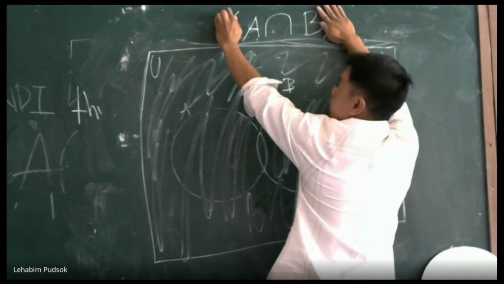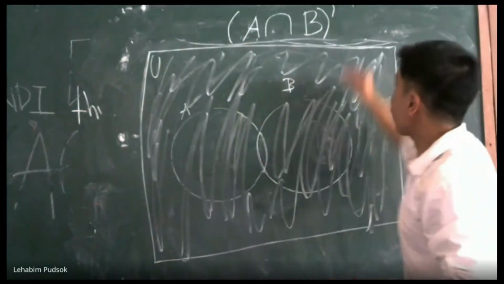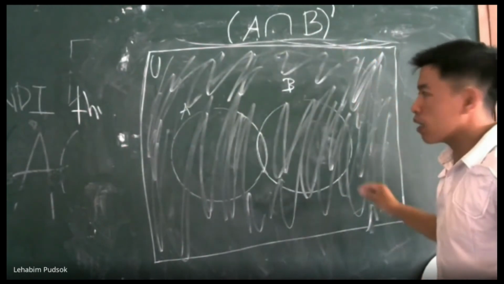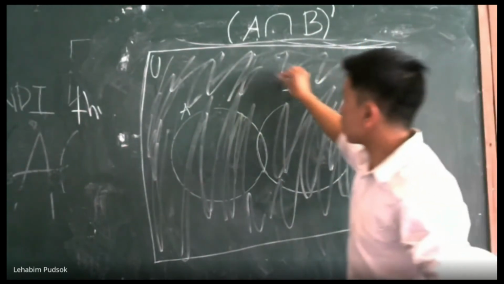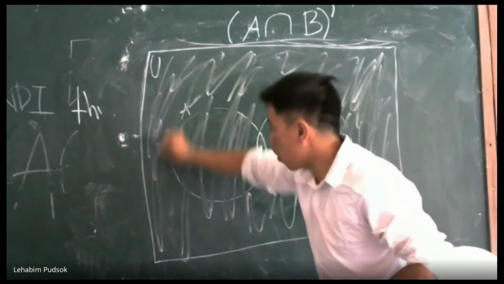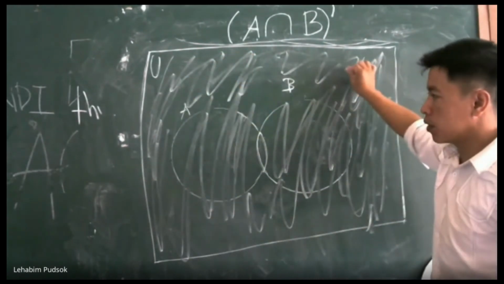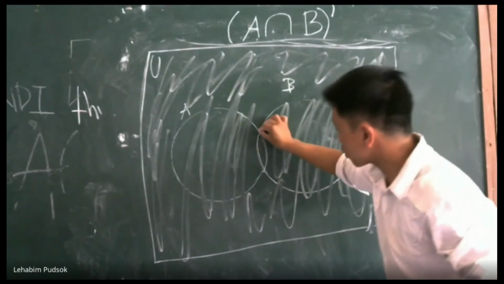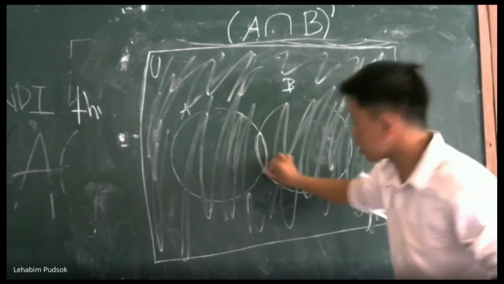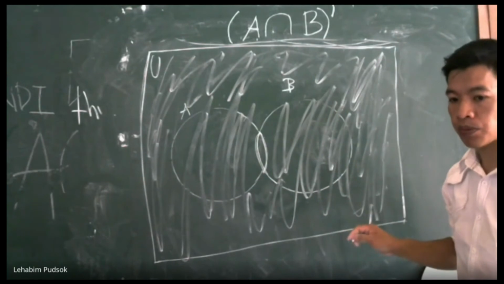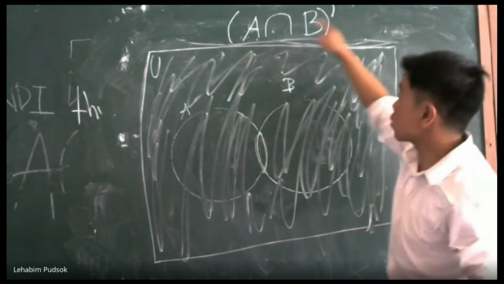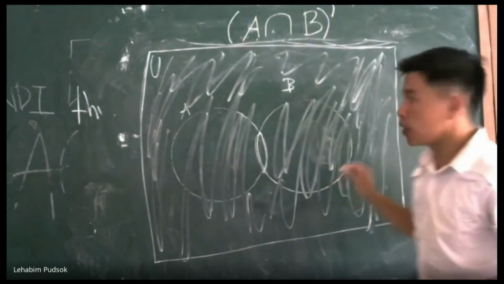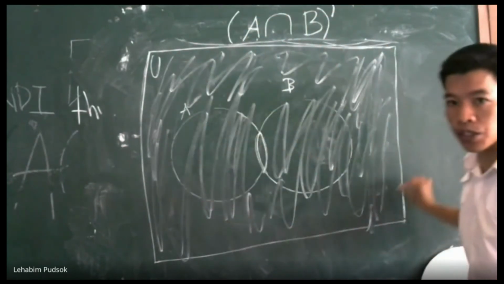The sets are intersecting. But if I put the complement symbol, you shade all the parts of the universal set and set B, but do not shade the intersection part. If you can see this one, A intersects B complement, this is the representation.